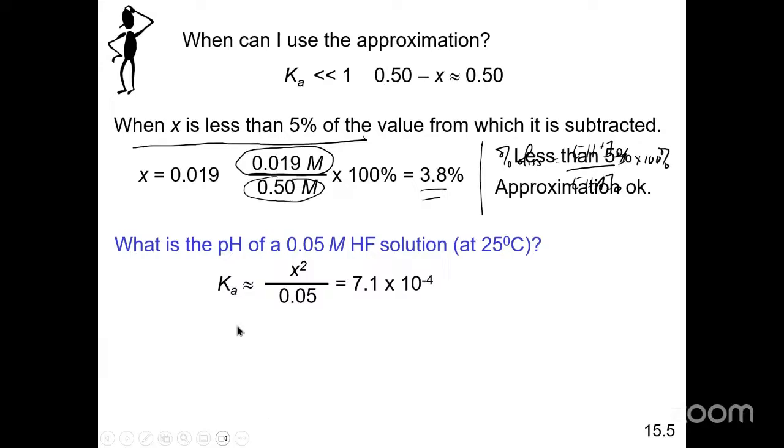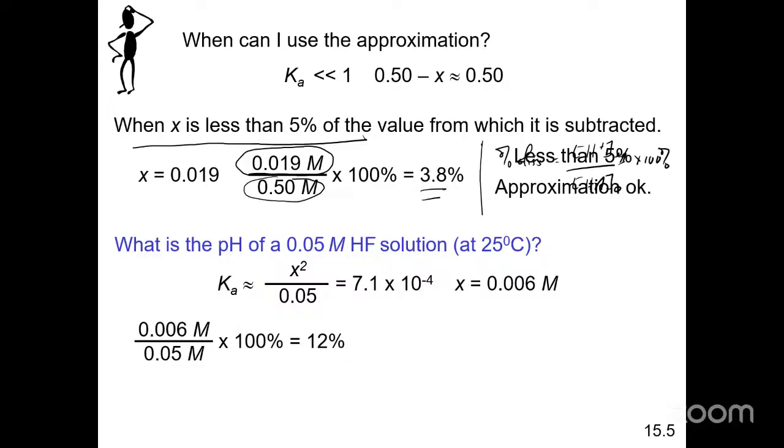When you rearrange to solve for x, it turns out that x is equal to 0.006 M. Now, if you find the percent dissociation based on that, you're going to see that it is 12%, which obviously is greater than 5%, all right?